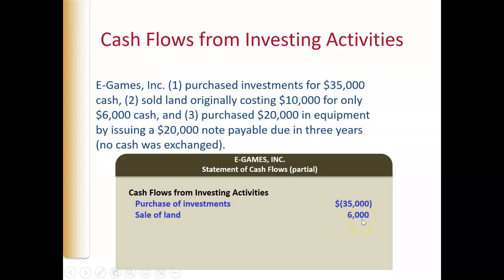All we care about is the cash we got in. We don't care about gains and losses here. We're just talking cash. We received $6,000 in cash. That's what we show came in. So our net cash flows from investing is now minus $29,000, the minus $35,000 plus the $6,000, right? Got it?